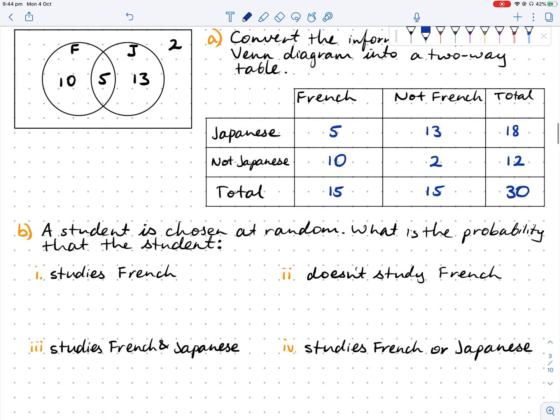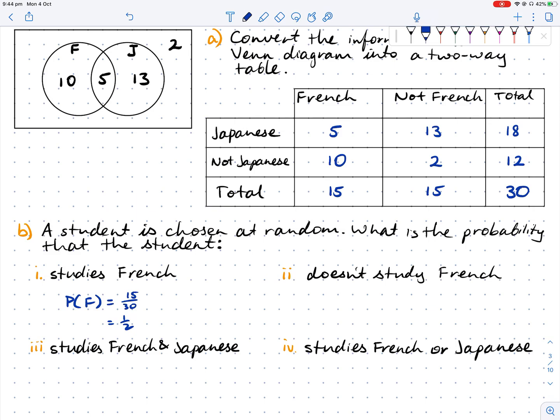Part B, a student is chosen at random. What is the probability that the student, firstly, studies French? We want to look at this section here. The number of students who study French is 15 out of 30, so the probability for French is 15 out of 30, which is a half.